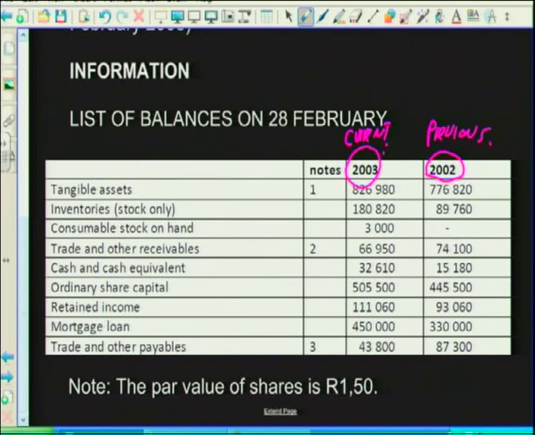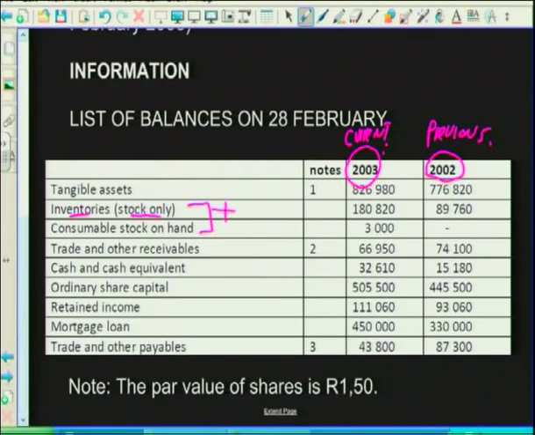Right, let's move on. Looking at the information very quickly, they've given you tangible assets, then you've got inventories, okay, and inventories, they tell you stock only. Below that, consumable stores or consumable stock on hand. Now remember guys, at this point, inventories is made up of stock plus consumable stores on hand.